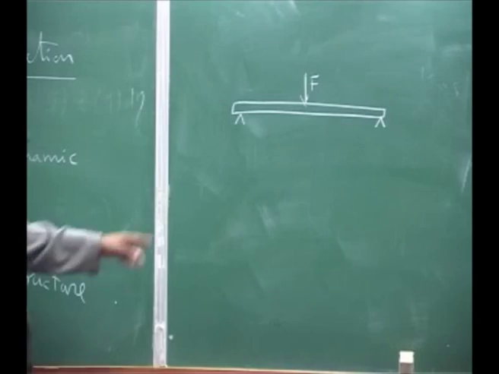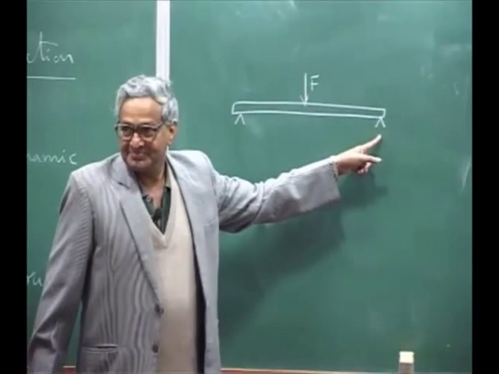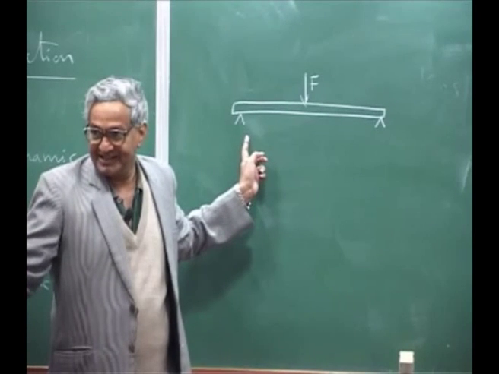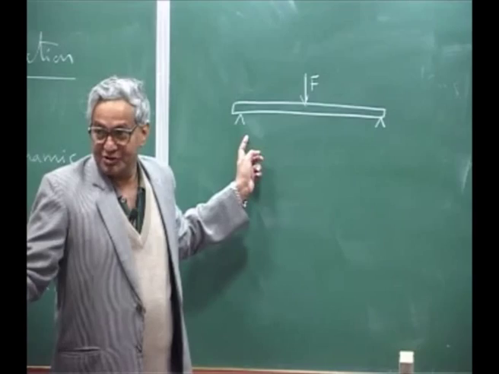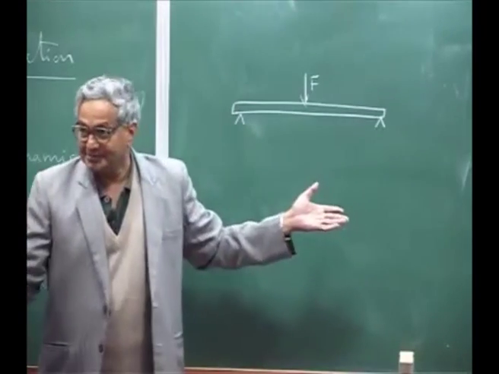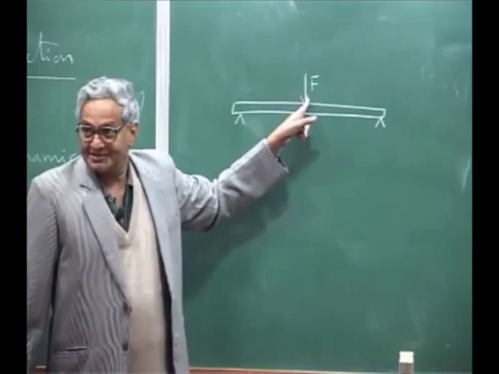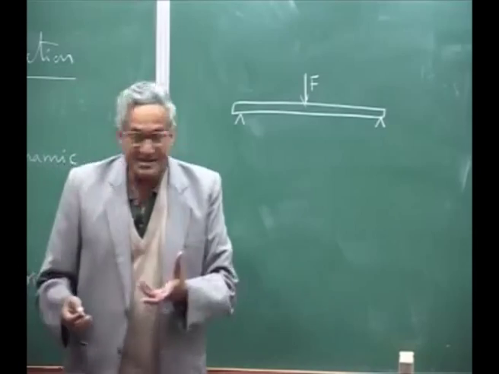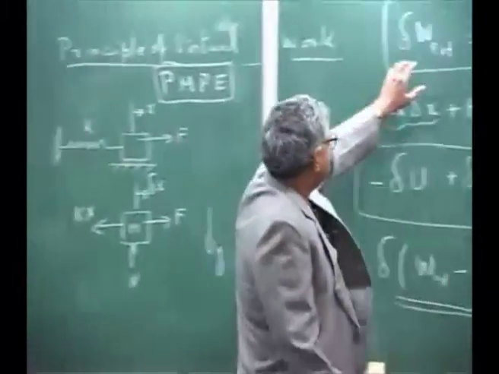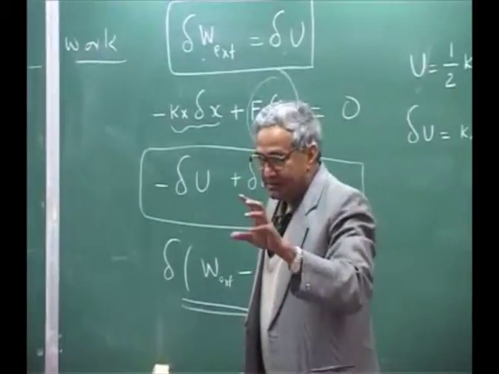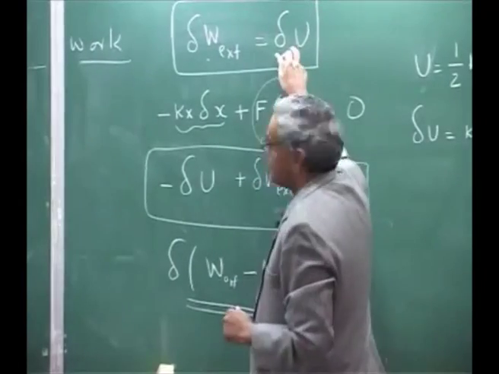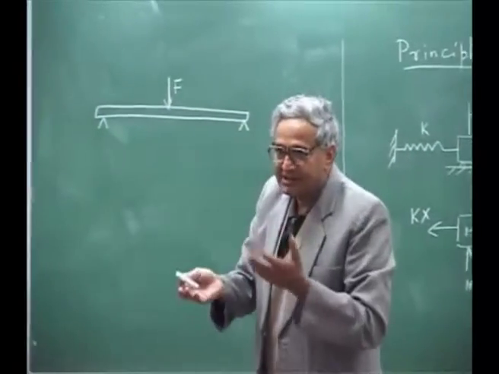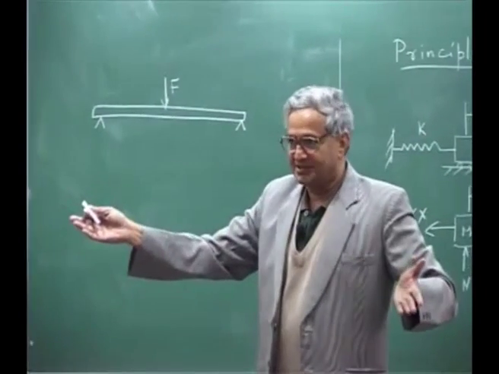The reaction forces are here and they are constrained, they cannot move. So the virtual work done by these is 0, but the virtual work done by this force is not 0, and that is the delta W external, which gets stored in the variation in the strain energy of the deformable structure.